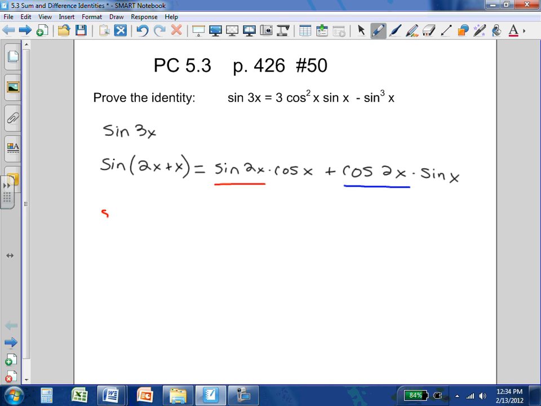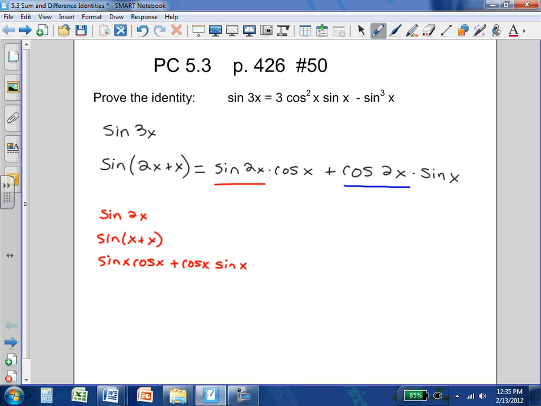So I'm going to think about here the sine of 2x. Well, if I break that down into the sine of x plus x and use my sum identity, then I'm going to have the sine of x times the cosine of x plus the cosine of x times the sine of x.